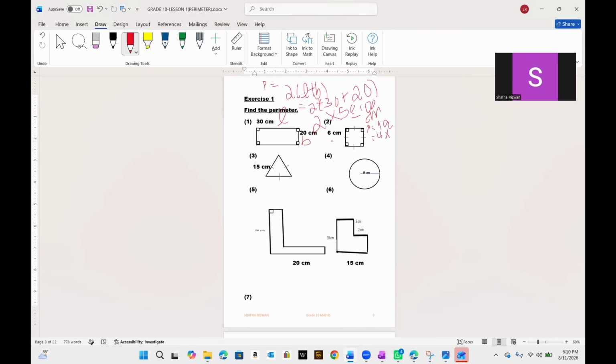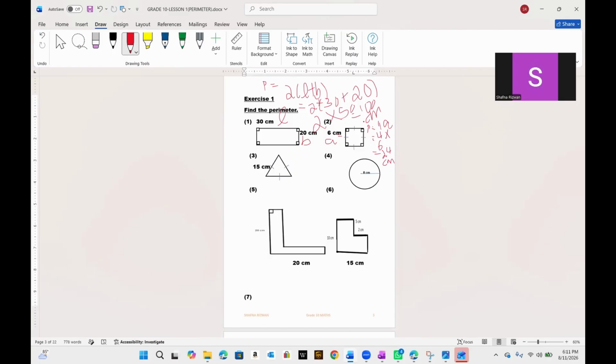Now you all know, the length of one side is a. So here 6 centimeter is your a. Then 4 into 6 will give you how much? 6 fours are 24 centimeter. So the answer you're going to get here is 24 centimeter.